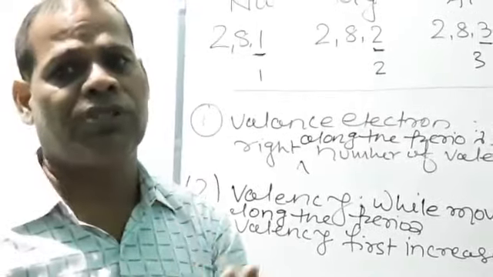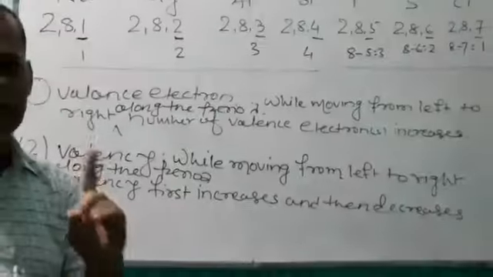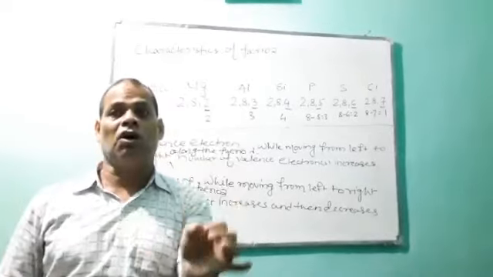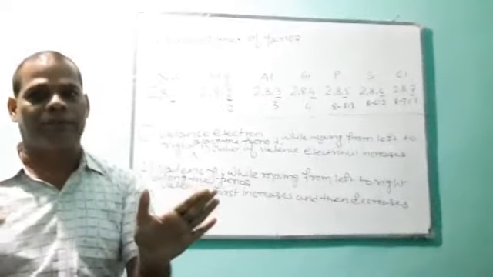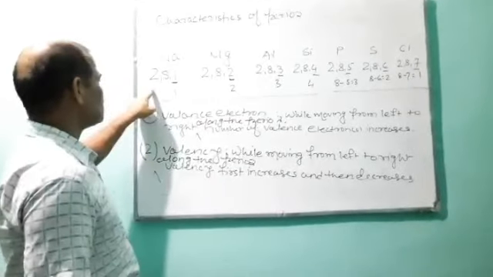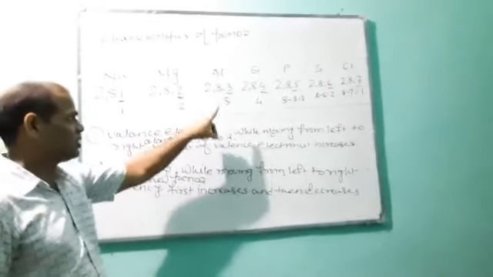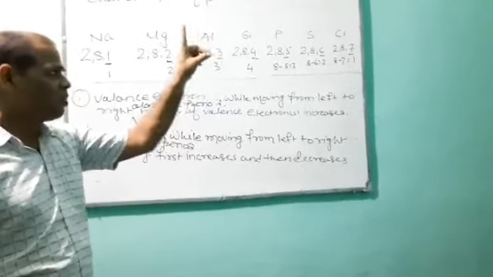So don't confuse it. Some of you made a mistake yesterday. So please keep it in mind. Always we write electronic configuration of the atomic number, not of the atomic mass. Make it very much clear. So now, if you see, the valence electrons of sodium is 1, magnesium 2, aluminum 3, silicon 4, phosphorus 5, sulfur 6, chlorine 7.